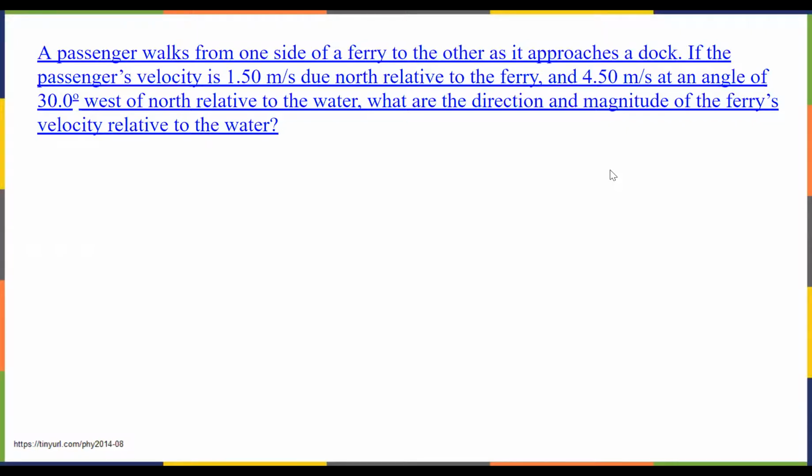And the passenger's velocity with respect to the water is 4.50 meters per second at an angle of 30 degrees west of north. What are the direction and magnitude of the ferry's velocity relative to the water? I will help you get started on this one. First, let's check the sketch. We'll do a sketch to see what this one is about.